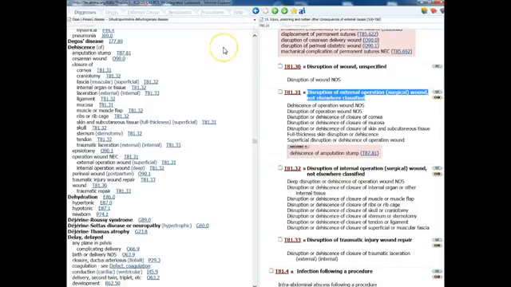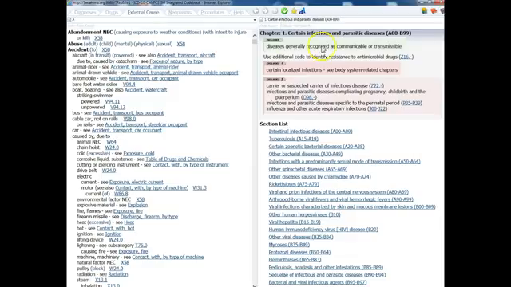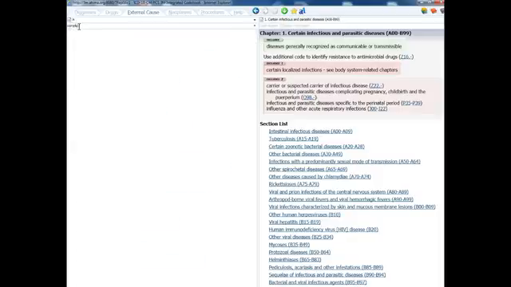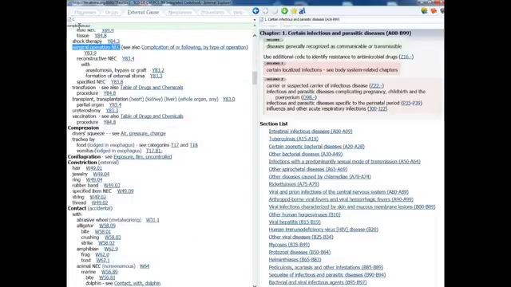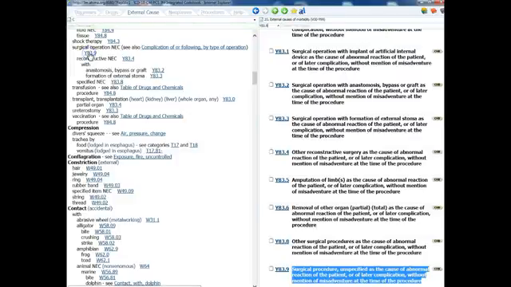Now, this example also includes a Y code, and that is an external cause code, and that would be a complication of a surgical operation, Y83.9, and we're going to go over these external cause codes in detail.